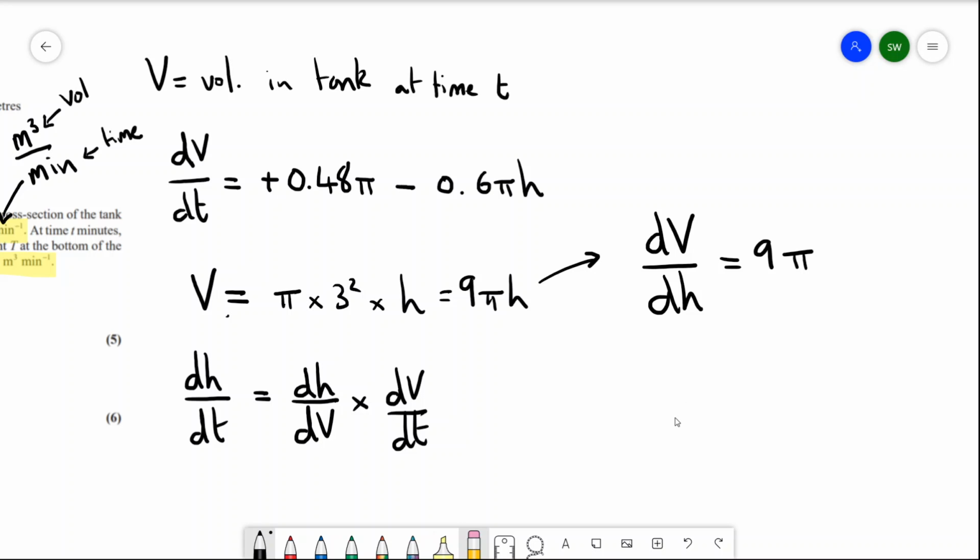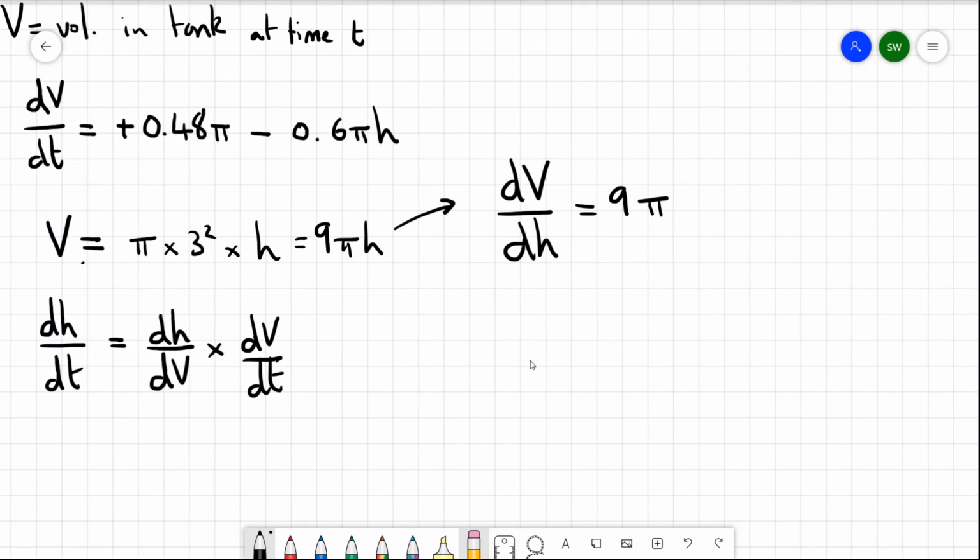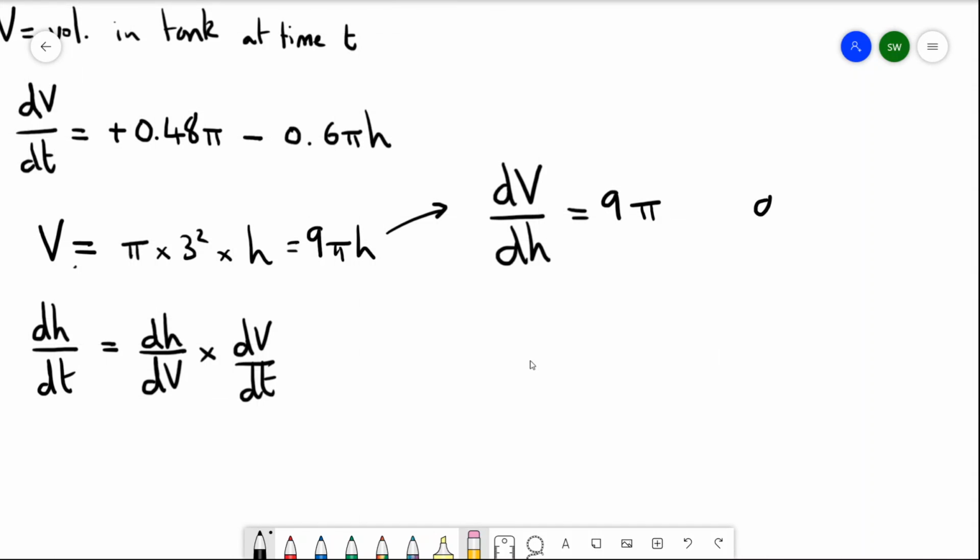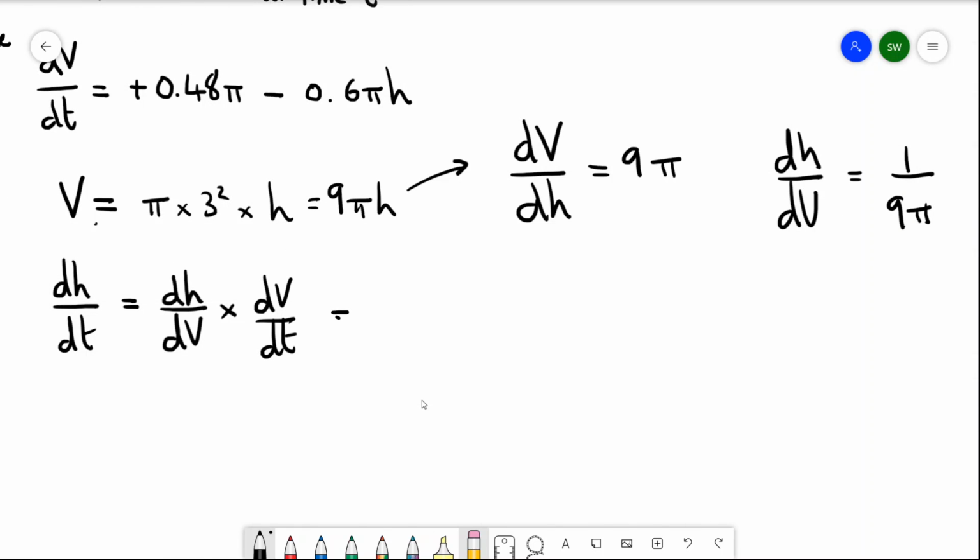That means that dH by dV is going to be the reciprocal of this, which is 1 over 9 pi. So that tells us that dH by dt is going to be 1 over 9 pi multiplied by dV by dt, which we worked out before, is 0.48 pi minus 0.6 pi h.